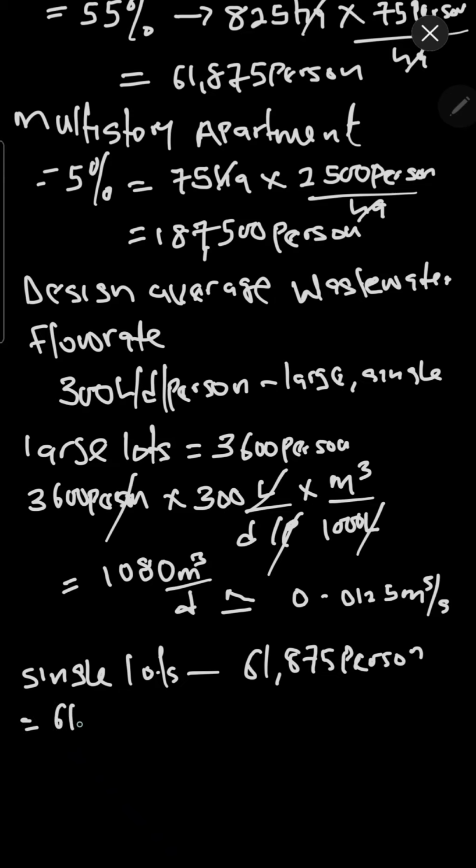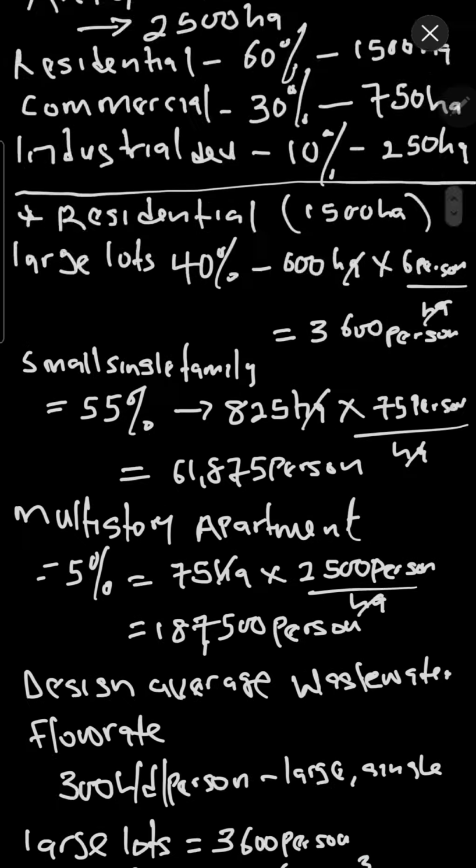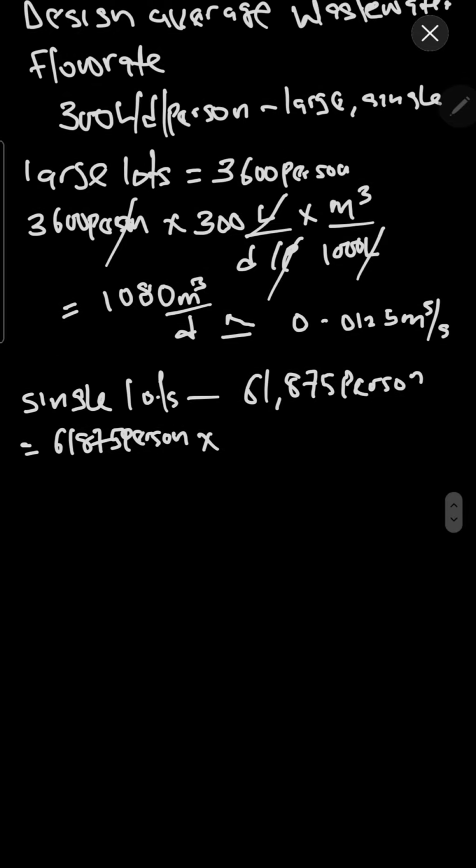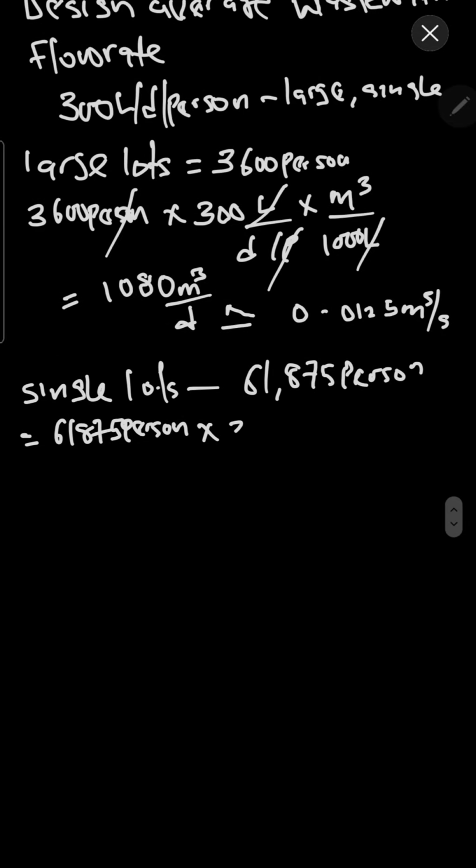So 61,875 persons multiplied by 300 liters per day per person, since we are given 300 for large lot and single family.